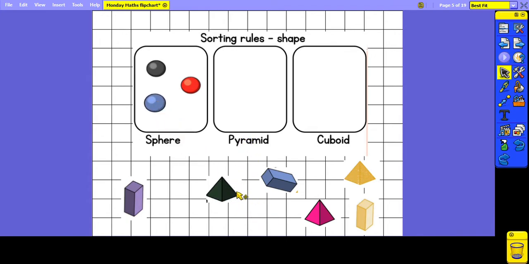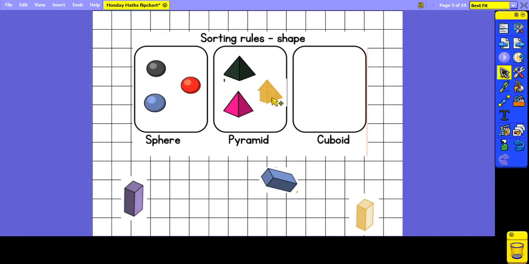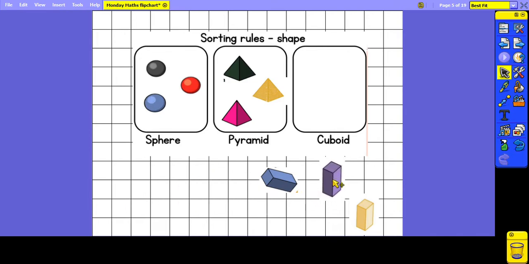Pyramids have a point at the top and they have flat faces. And cuboids have 6 flat faces.